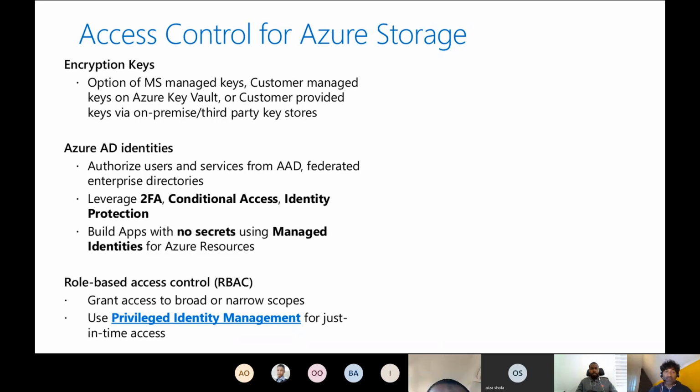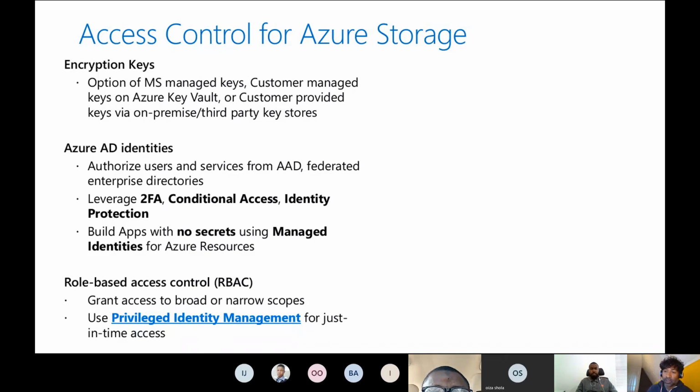You can set up Azure AD identities to have some sort of conditional access and identity protection on the data. And we can use things like role-based access control to further fine-tune access to different storage accounts and containers, and utilize things like privileged identity management, PIM, for just-in-time access.